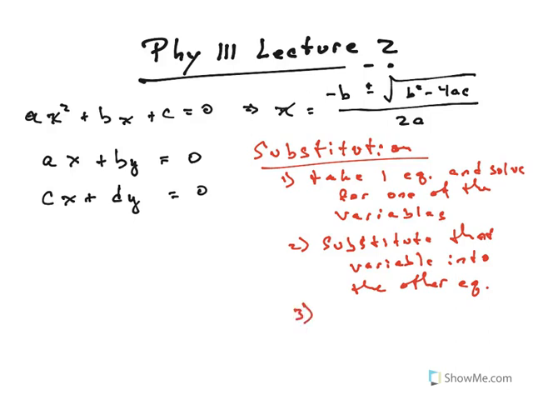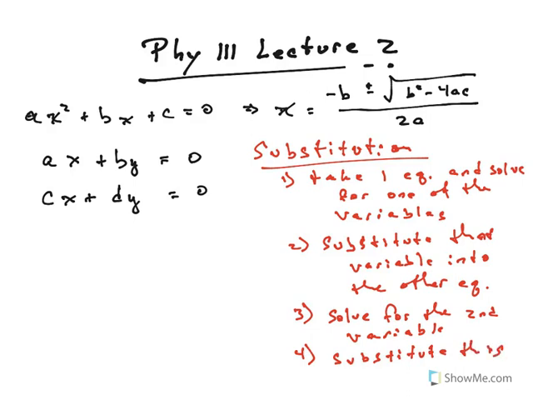That allows you to solve for the second variable. Okay, you get an answer, one of the answers. Once you have that, now substitute this answer into the first equation you used.